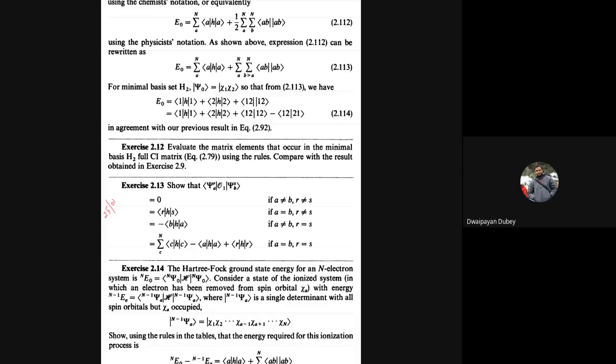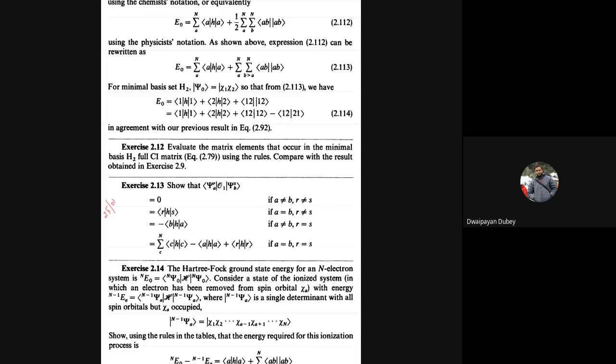They have the same orbitals except in the bra side, A is replaced by R, and on the right hand side in the ket, B is replaced by S. They are all spin orbitals.